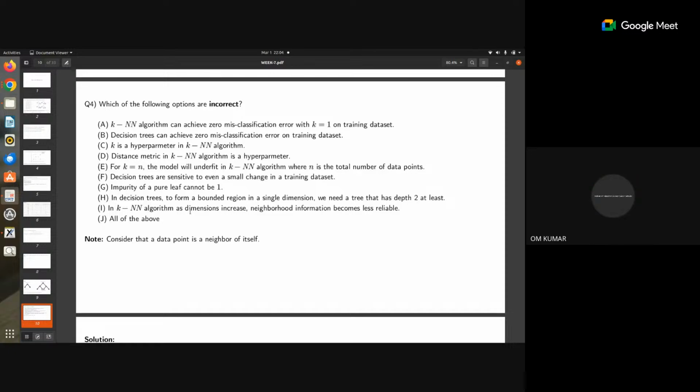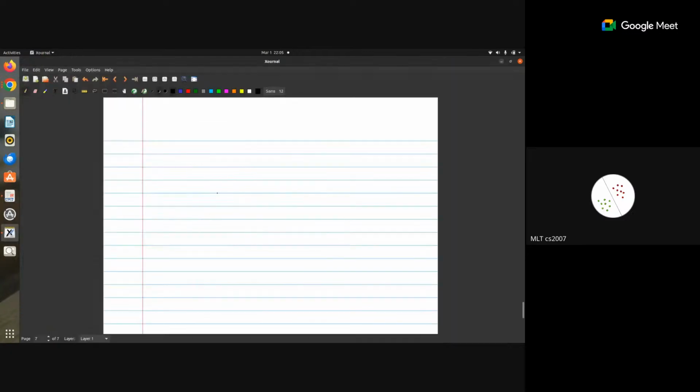Sir, we define impurity from that formula. What is that function actually? What is the curve for that function? We have seen it yesterday, right?